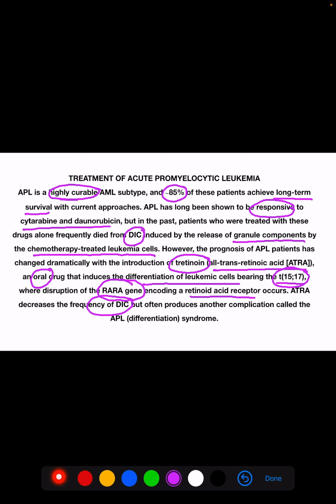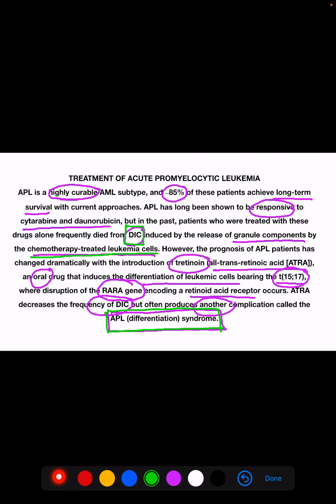With chemotherapy there was DIC, but if we use ATRA, it produces another complication. What is this complication? It is called APL differentiation syndrome. What was the complication with chemotherapy-treated leukemia cells?